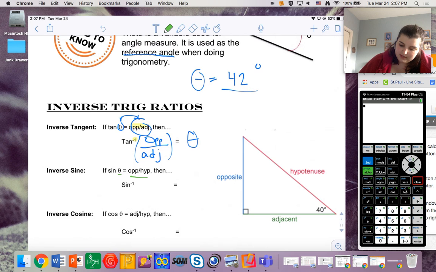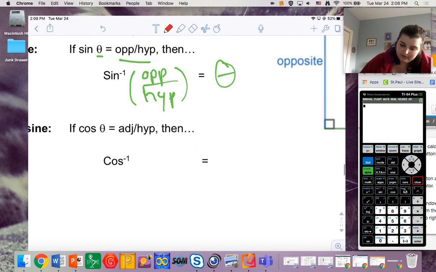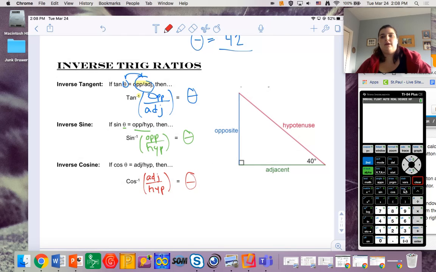Sine inverse of the opposite side length divided by the hypotenuse length will give you the measure of theta in degrees. And cosine inverse of the adjacent side over hypotenuse will equal theta. You've already really memorized these ratios. It's just now knowing whether to use regular trig functions or their inverses.